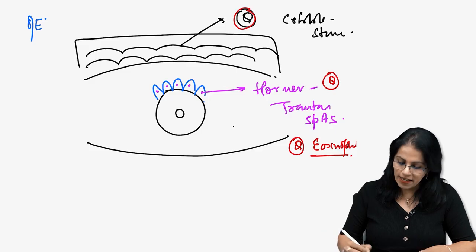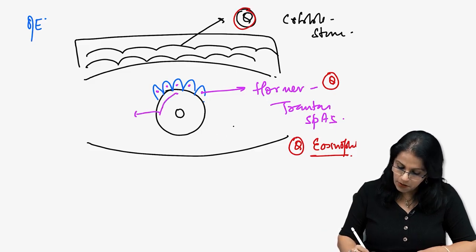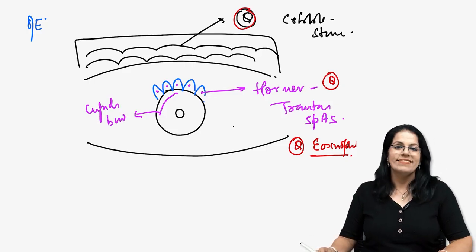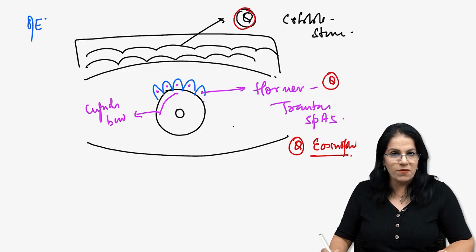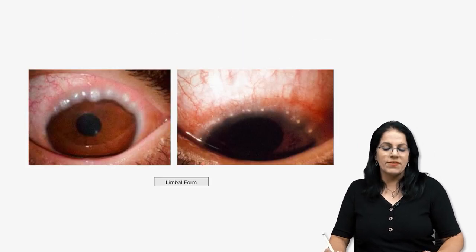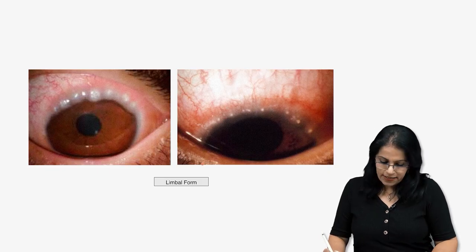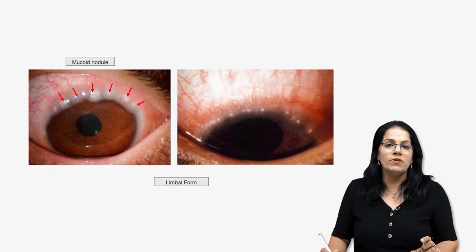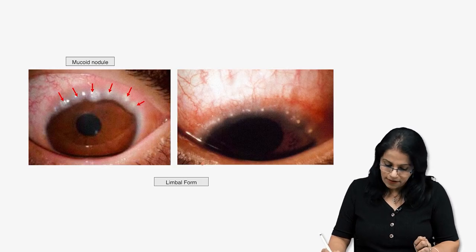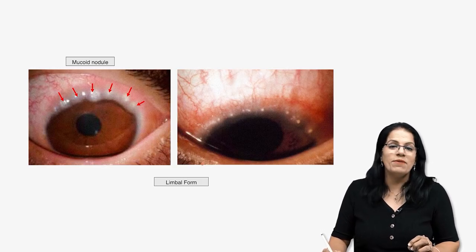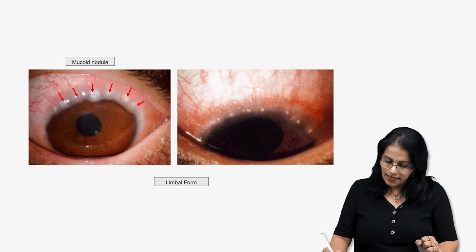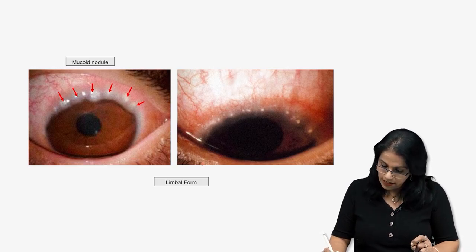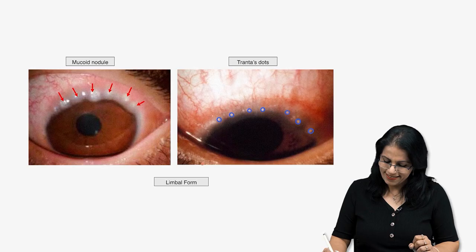Next, there can be subepithelial scarring involving keratoconjunctivitis. It will involve the cornea, and this is what is called Cupid's bow. Okay, let's have a look before we move further. So these are the mucoid nodules, you can say, which are seen on the upper limbus, right? Then what you see here are these spots, and these are called Trantas spots.